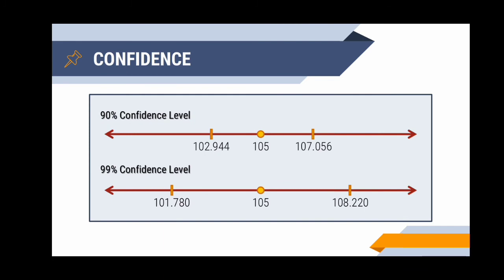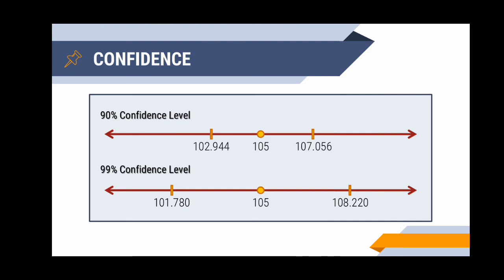So with 90% confidence, it will fall between 102.944 and 107.056. Paano nakuha yon? That is 105, yung sample mean natin, plus or minus 1.645 times 1.25.